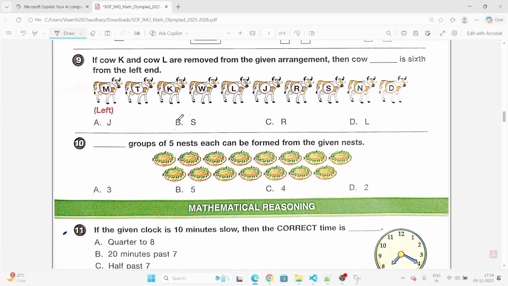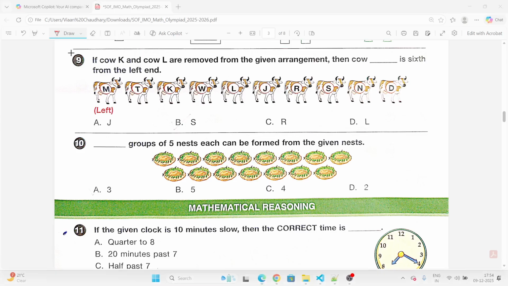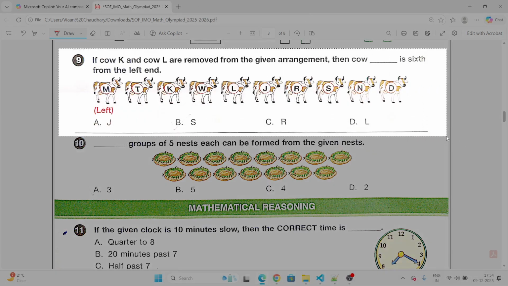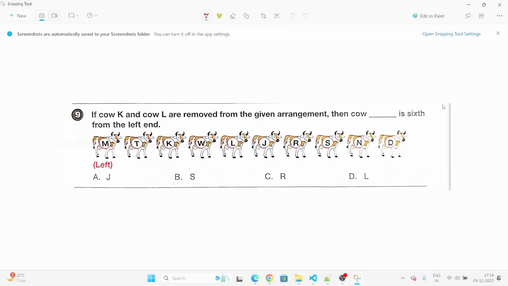Now we'll move to the 9th question. If cow K and cow L are removed, let's remove cow number K and cow number L from the arrangement.